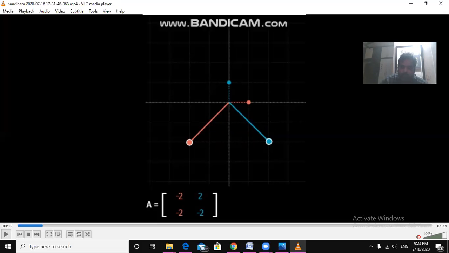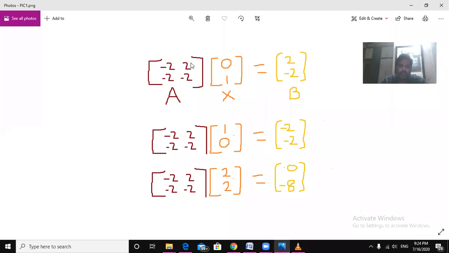So we will see one more example on this. Look at this case: the vectors are transformed to these new positions. So in general, this is the operator applying on the vector.